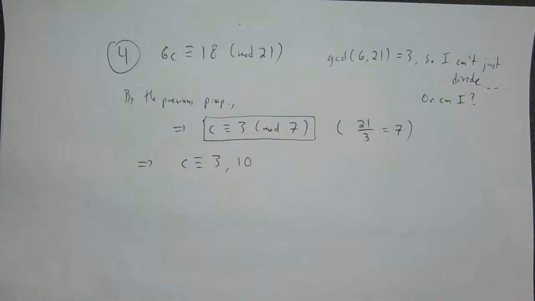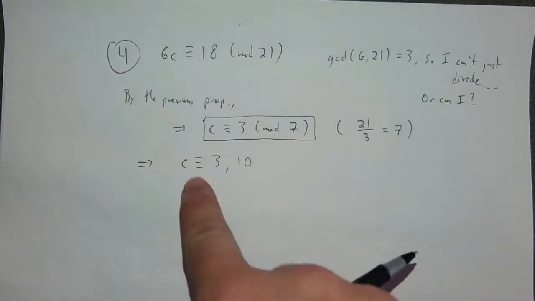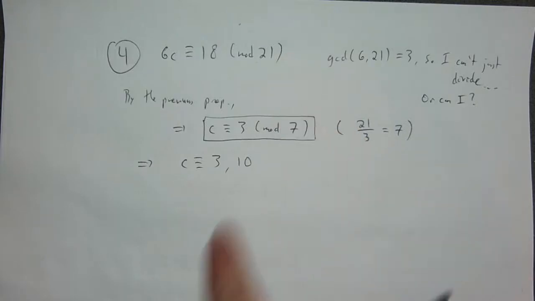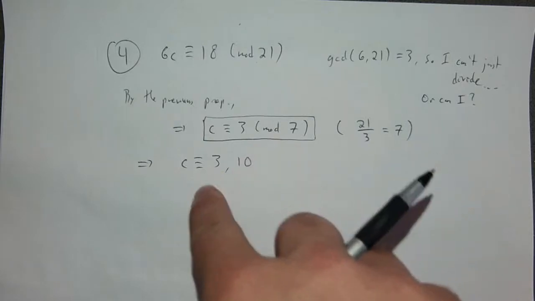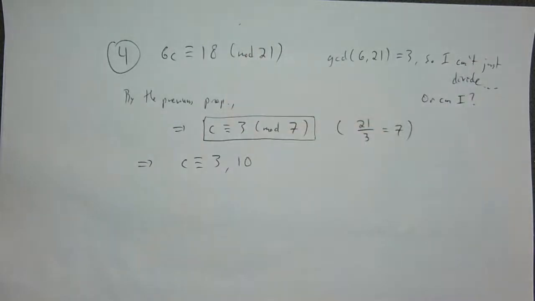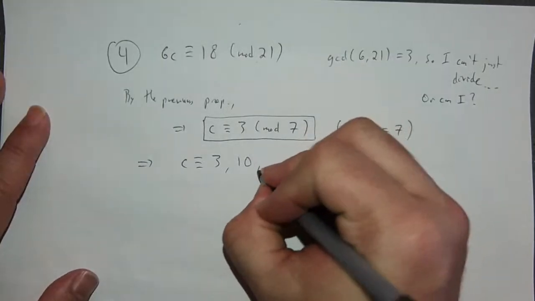All right, so this is definitely distinct mod 21. Mod 7, 10 and 3 are the same, but mod 21, they're not. They're different. Furthermore, what's another example? What's another integer that is the same as 10 and 3 mod 7, but is not mod 21? I just add 7 again. This is 17.